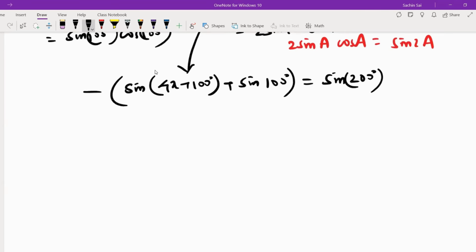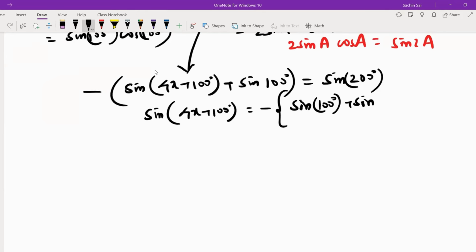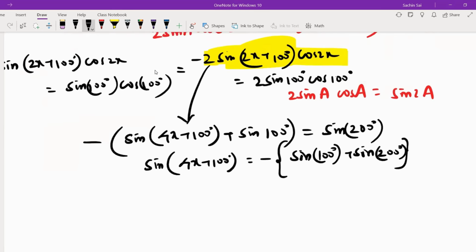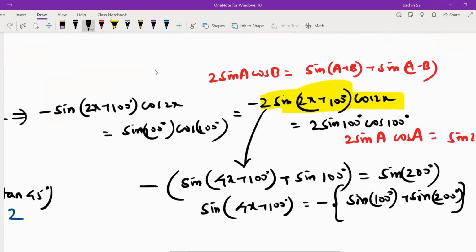Okay, so now you have sine of 4x plus 100 degrees equals minus of sine 100 degrees plus sine 200 degrees.